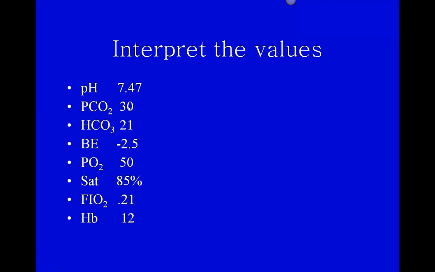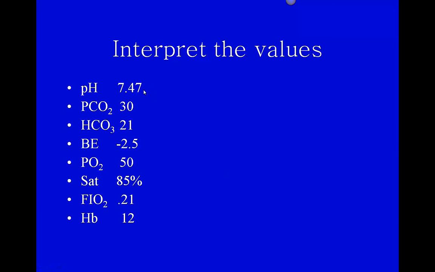Okay, so CO2 is lower than it should be. That's an alkalosis. Bicarb is lower than it should be, and when bicarb goes down, pH also goes down. That means an acid. So I have alkaline pH, I have an alkaline CO2, and I have an acidic bicarb. I name the disorder, and the name of the disorder means which system is causing the pH to be alkalotic.